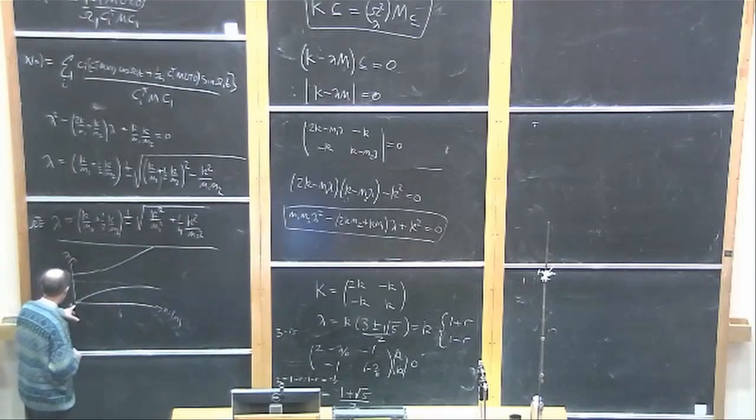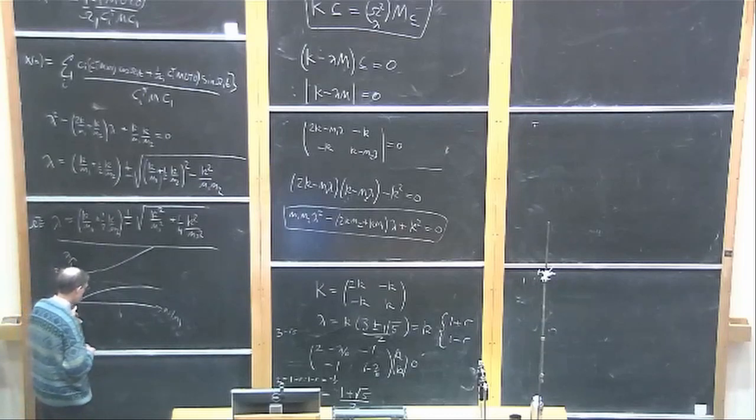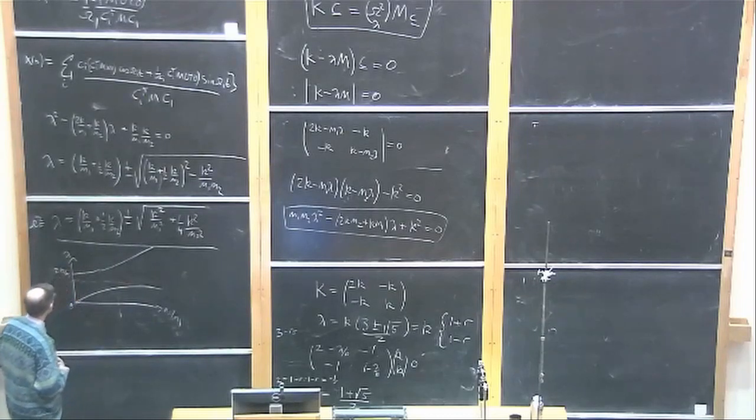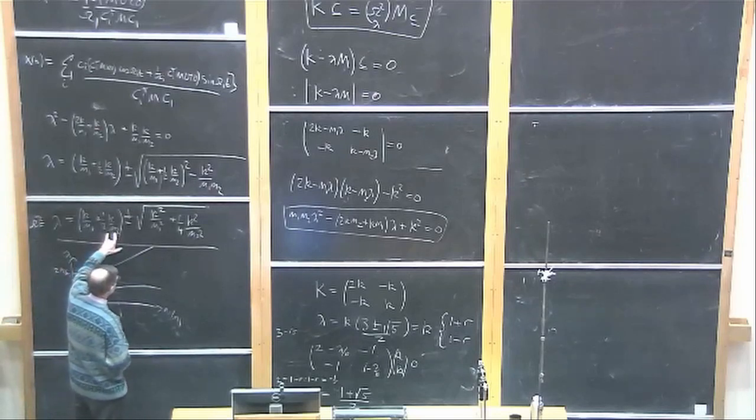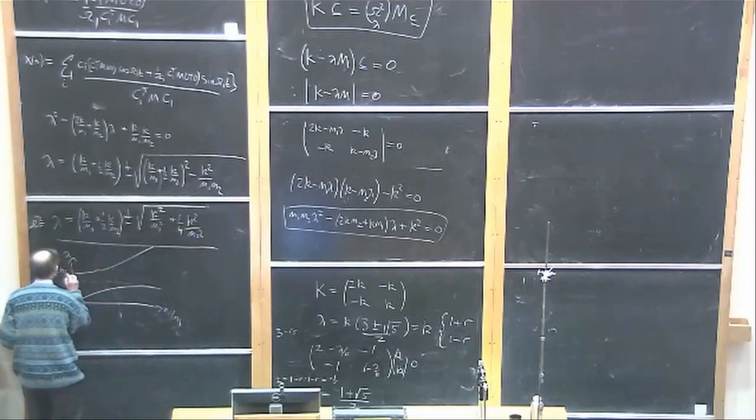So in the limit, this is very small m2. Very small m2 means this term is the dominant term. Sorry, that's m2.